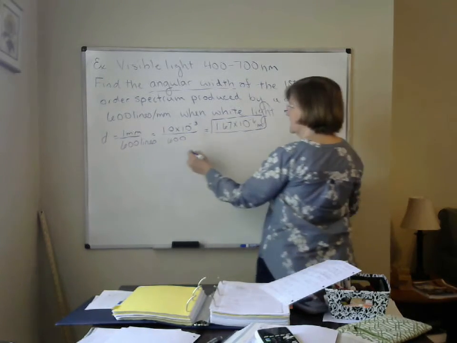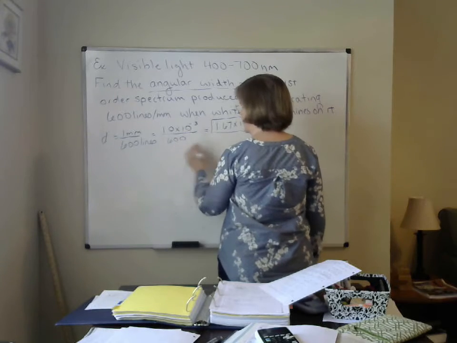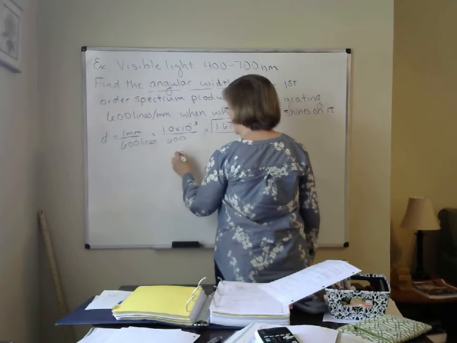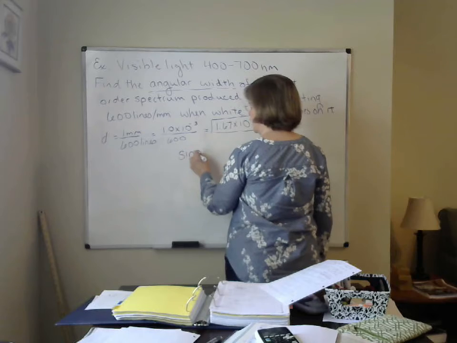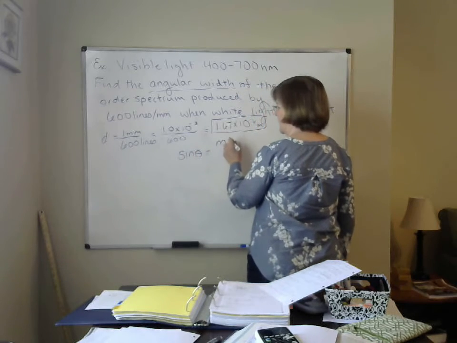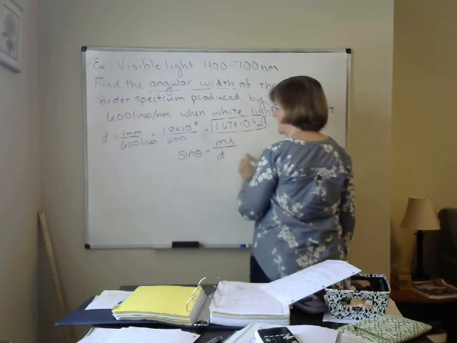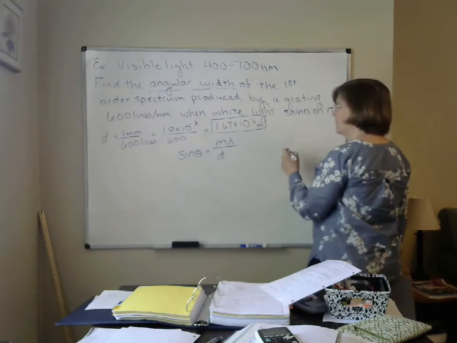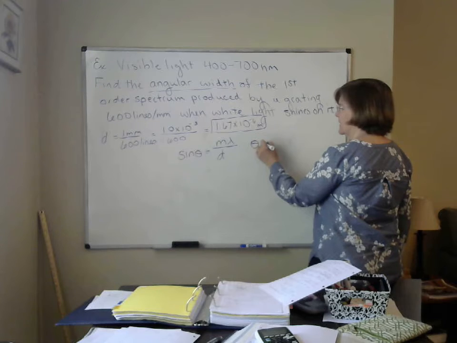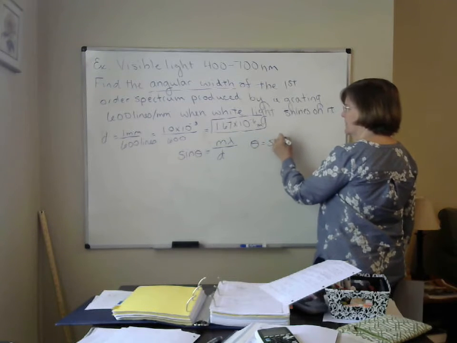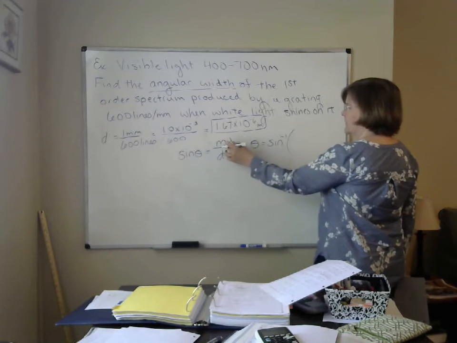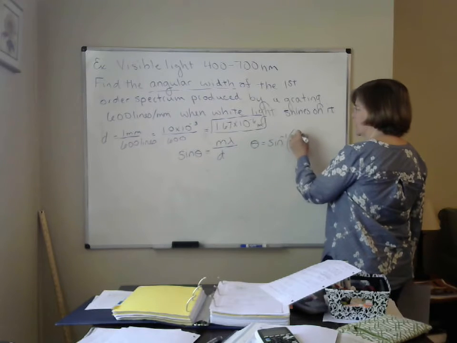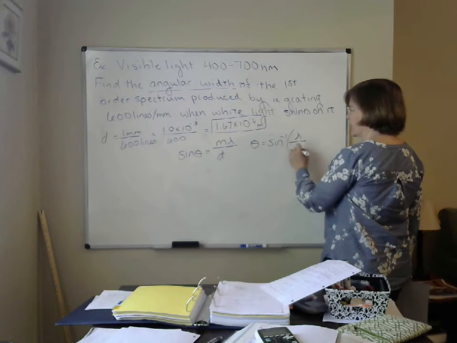Our formula says that d sine theta equals m lambda, or sine theta equals m lambda over d. So I just want to find that angle for both red light and for violet, or I can even rewrite this as theta equals the sine inverse. I'm going to use m equal 1, so it's just going to be lambda over d.